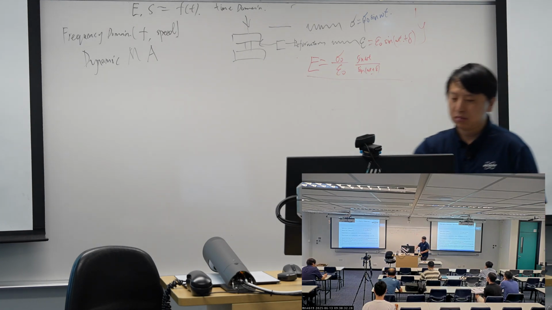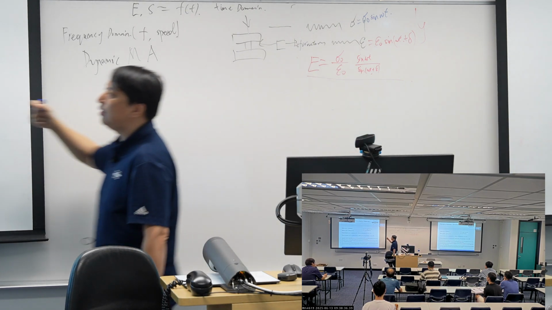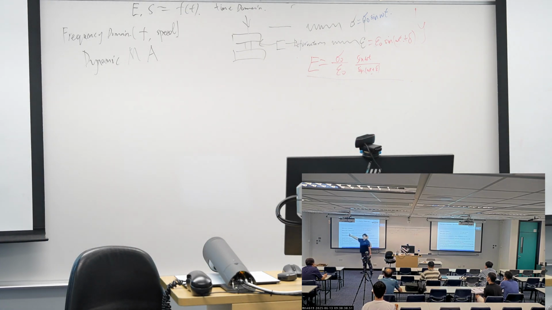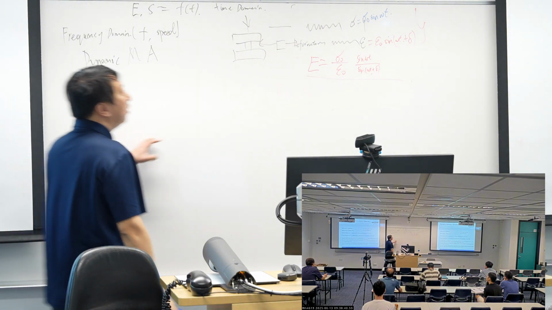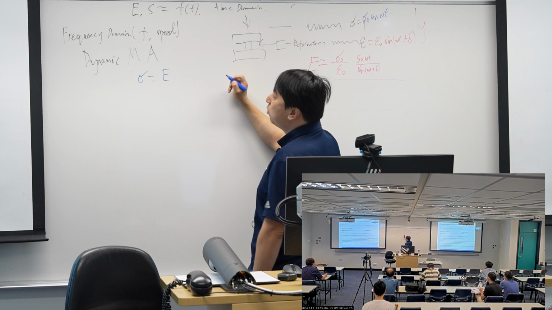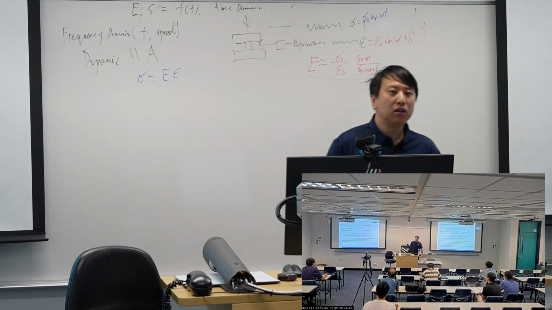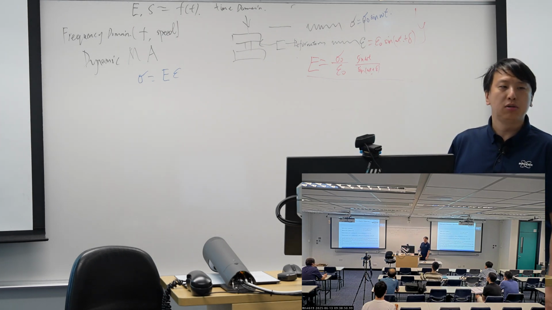And then we're starting from something we know very well. So we're starting with the pure elastic. For the pure elastic, we know we have Hooke's law: sigma equals the modulus times the epsilon. And the modulus is not a function of time.